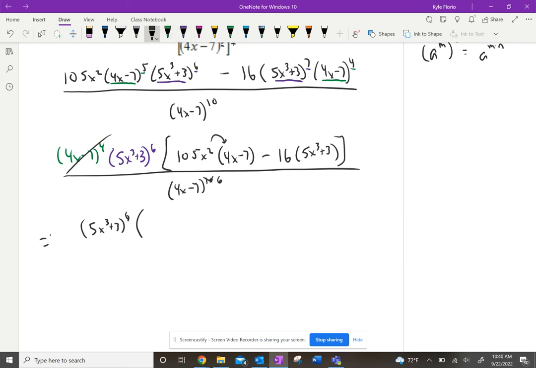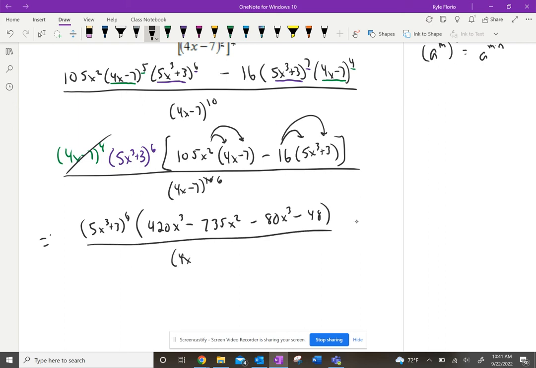So distribute 105 times 4 is 420, I think. X cubed. 105 times 7 is going to be 735 x squared. Minus 16x times 5 is going to be negative, I think, 80x cubed. And then negative 16 times 3 is going to be negative 48. All over 4x minus 7 to the 6.